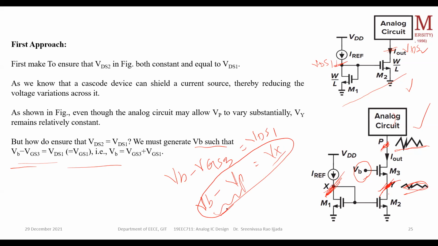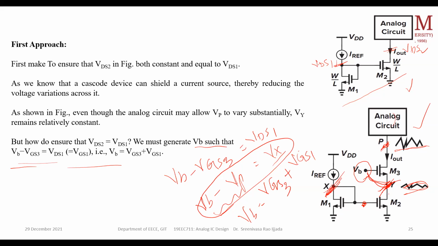From this equation, you can say VB is equal to VGS3 plus the potential at this point, which is VGS1 or VDS1, both are the same. So VB is equal to VGS3 plus VGS1.